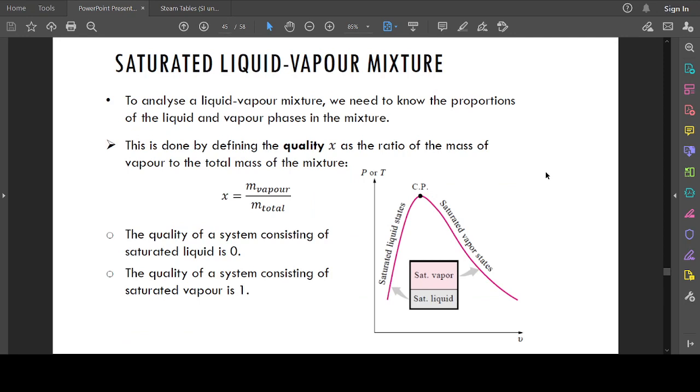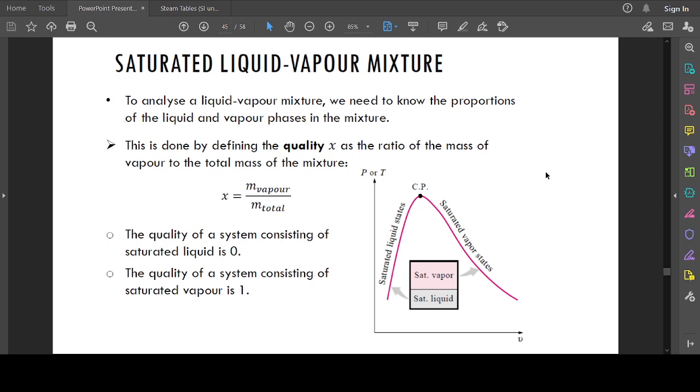Now, the saturated liquid-vapor mixture. To analyze a liquid-vapor mixture, we need to know the proportions of the liquid and vapor phases in the mixture. This is done by defining the quality X as the ratio of the mass of the vapor to the total mass of the mixture, so X is equal to the mass of the vapor divided by the total mass of the system, which is the mass of both the vapor and the saturated liquid.